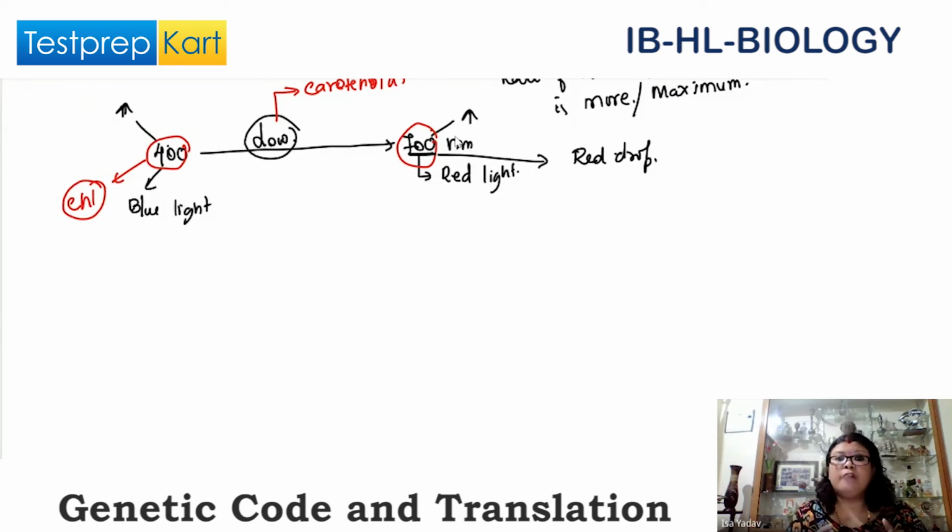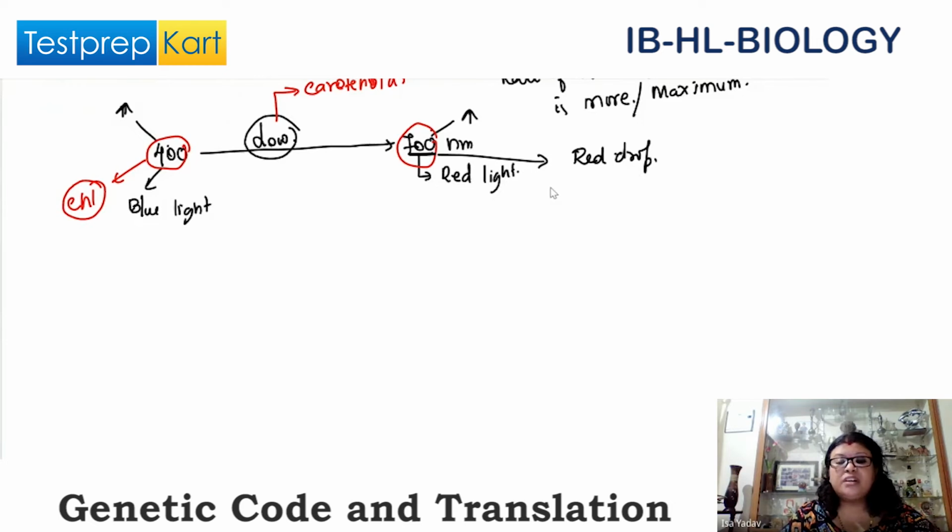That means for photosynthesis to continue, we should have blue light and definitely we should have the red light. So when the red light was stopped, it is called red drop, where the rate of photosynthesis decreased.